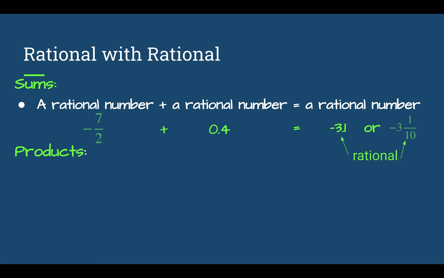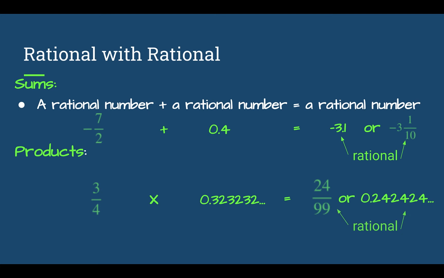Next, let's look at the products. So if we choose a rational number, 3/4, it's R, and we multiply that by another rational number, 0.32 repeating, which is R, we end up with 24 over 99 as a fraction, or 0.242424, and so on.